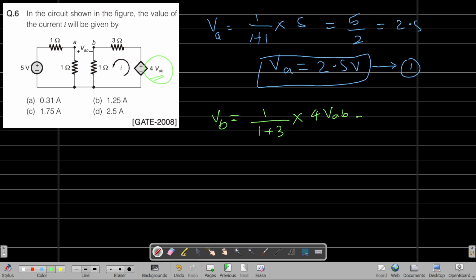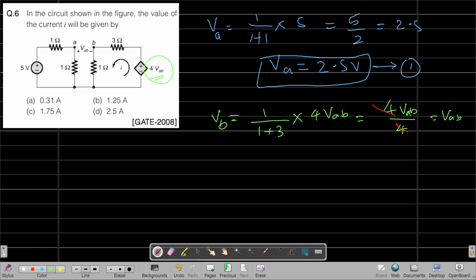That equals 4 VAB upon 4. Okay, so 4 and 4 will get cancelled and we will get VAB. So VB equals VAB.